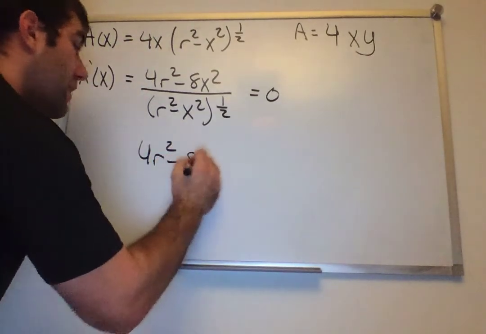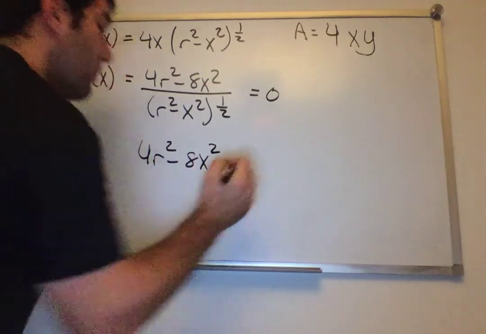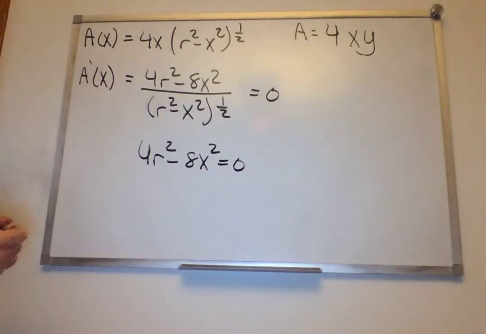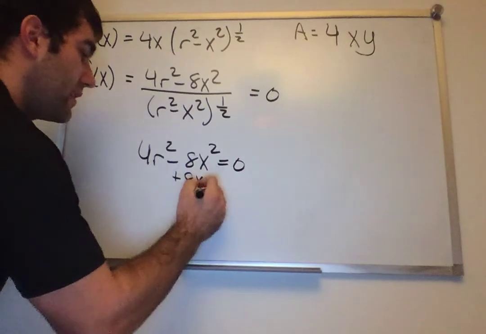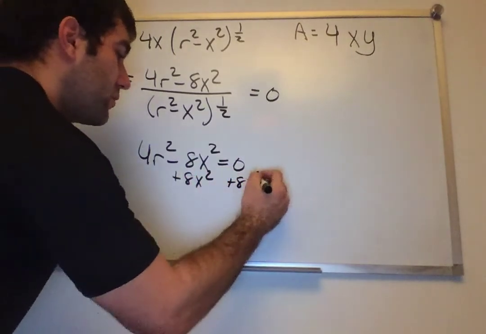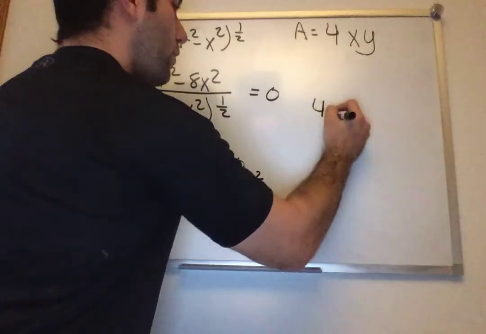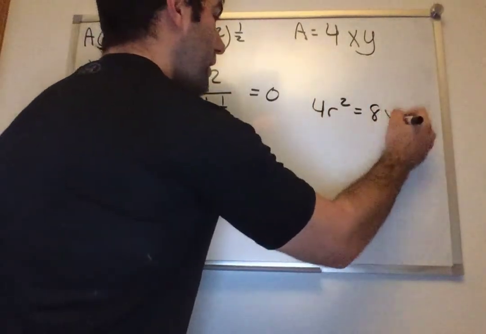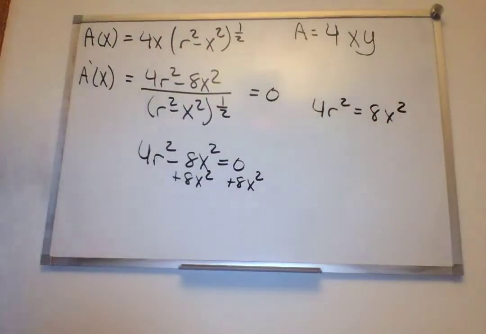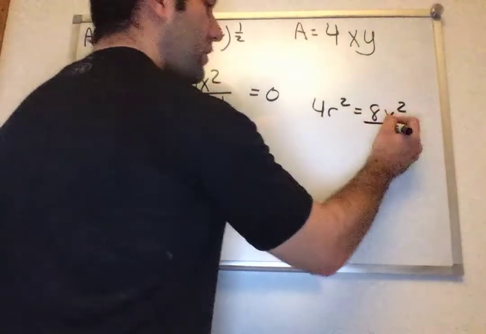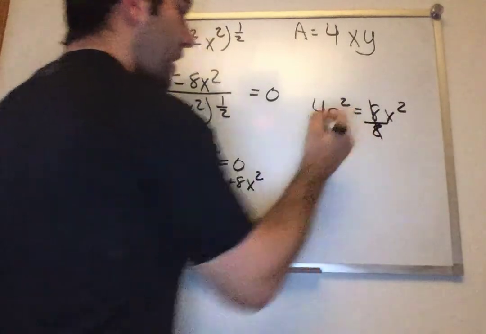4r squared minus 8x squared is equal to 0. And it's a really easy equation to solve for x. So plus 8x squared on both sides. You get 4r squared is equal to 8x squared. We're solving for x here. The r is just a number. It's a constant. So I'm going to divide by 8.